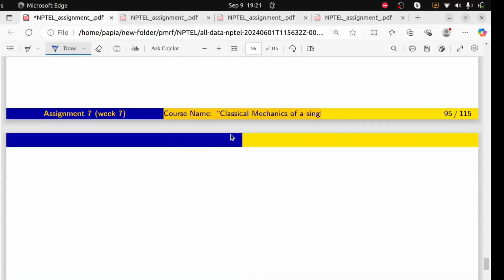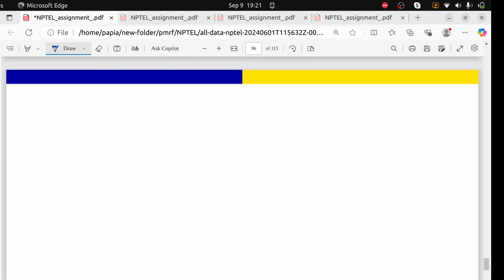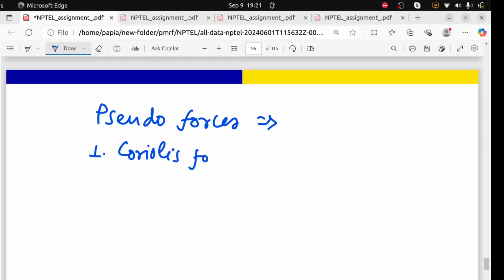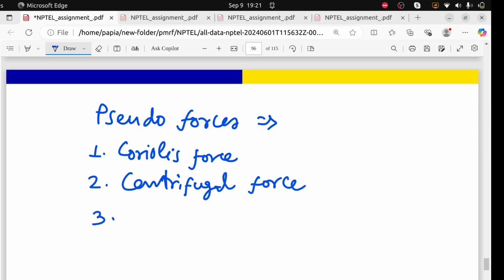So basically, for the rotating frame of reference, the pseudo forces are Coriolis force, centrifugal force, and Euler force.